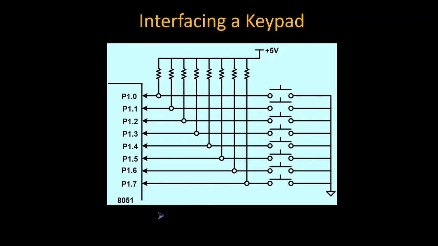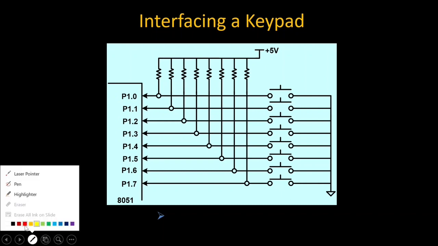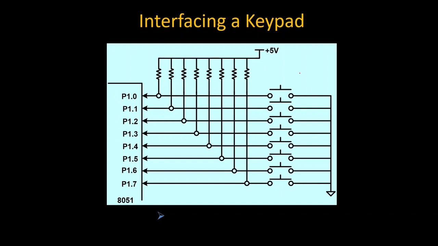Assume that you are going to connect keys or a switch to your 8051. How can you connect it? Each and every pin of the port is configured as an individual switch, and whatever key is pressed outside your 8051 is replicated in a corresponding way, right?